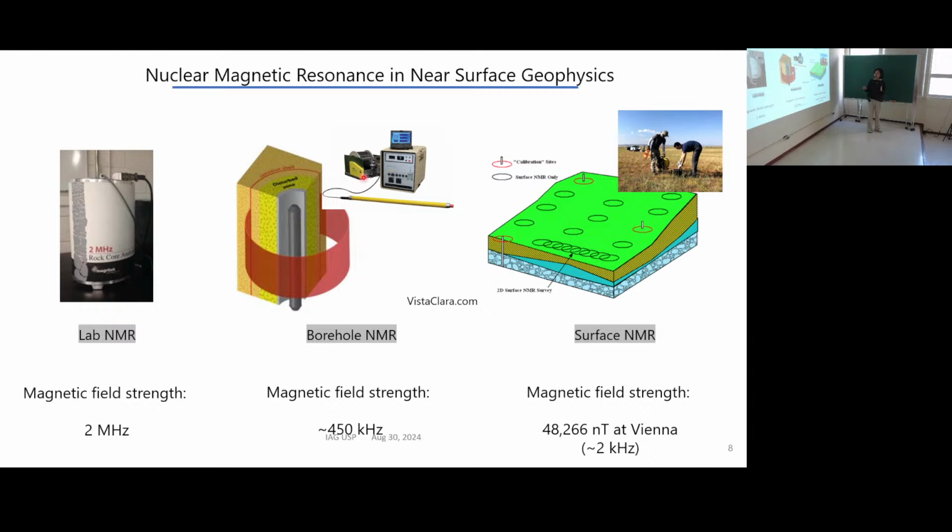When you deploy this probe into your borehole, it has a sensitive area of about 12 to 15 centimeters, so it can sense the water content and its distribution within a radius of 12 to 15 centimeters from the borehole. Depending on how deep your borehole is, this probe can be deployed to different depths, and you can measure at different depths, with a minimum interval of 25 centimeters. I'm going to introduce later why this borehole NMR can be very useful.